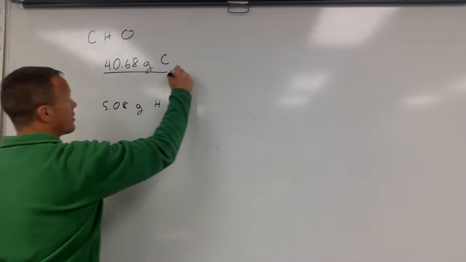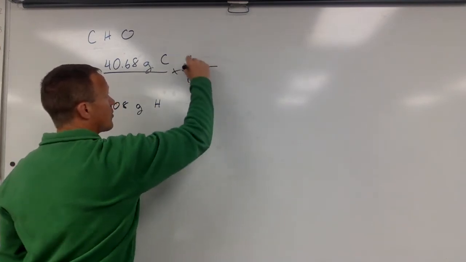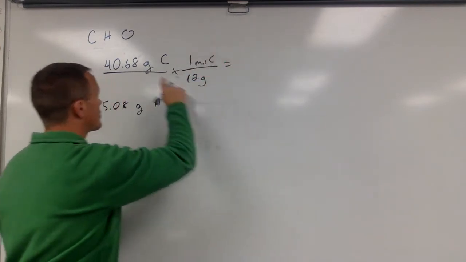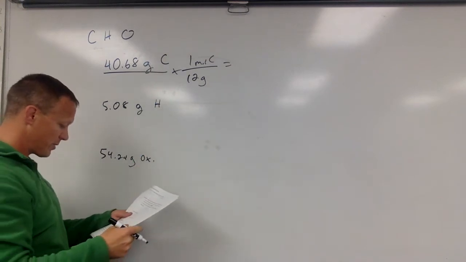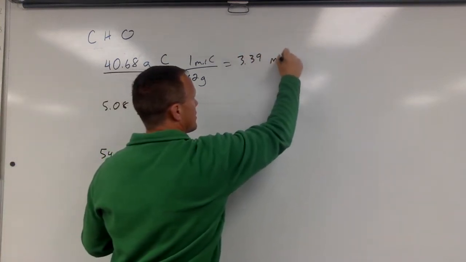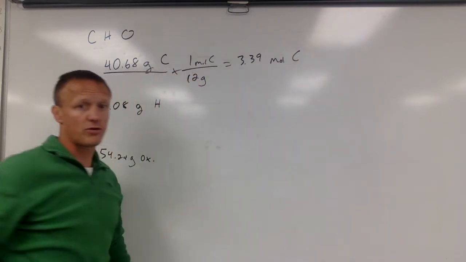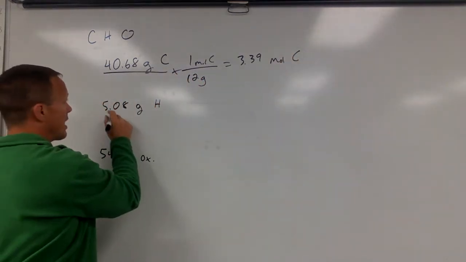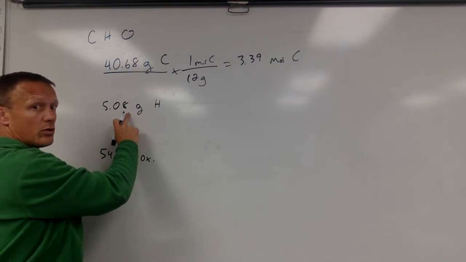So for carbon, 12 grams of carbon is a mole of carbon. So 40.68 divided by 12 gives us 3.39 moles of carbon. Hydrogen's easy. Every gram is a mole.